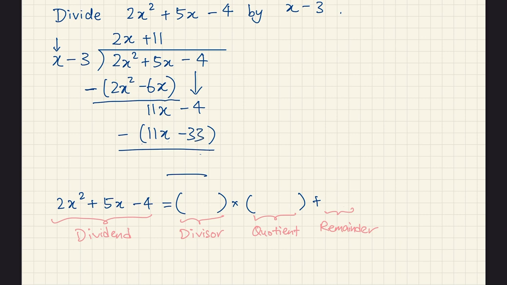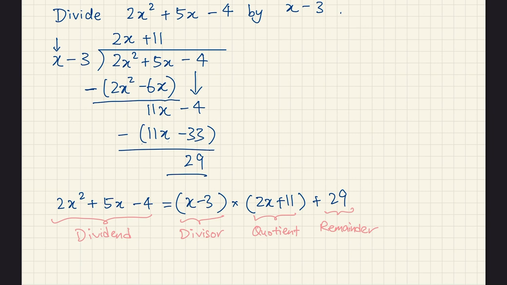So negative 4 minus negative 33 gives us negative 4 plus 33, which is 29. Written in the structure of divisor times quotient plus remainder, that's 2x squared plus 5x minus 4 equals x minus 3 times 2x plus 11, plus 29.